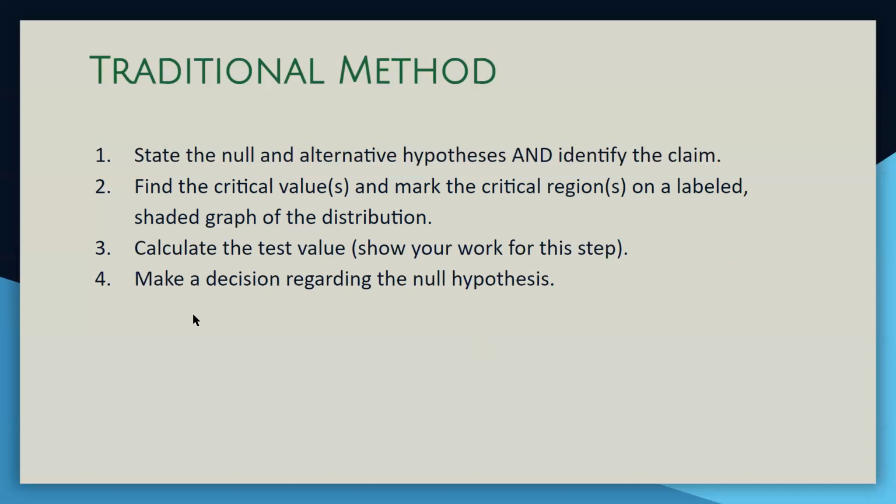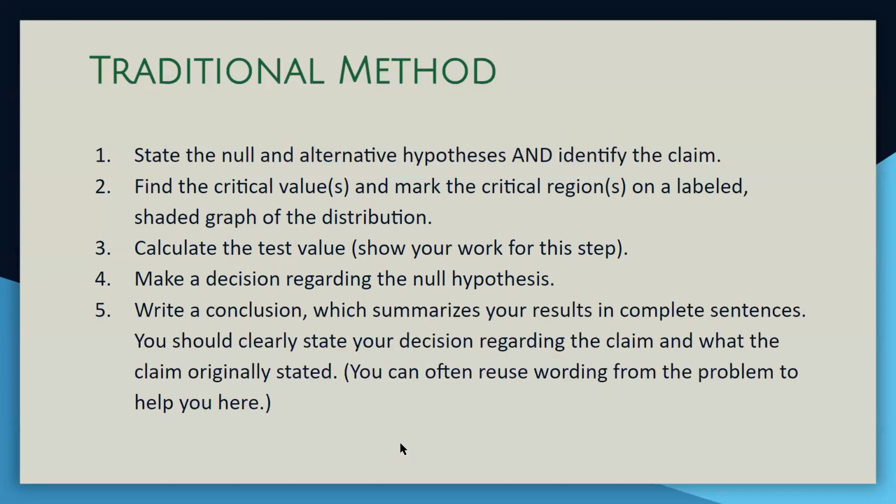Next, we're going to compare that test value to the critical values from step 2 and make a decision about whether to reject or not reject the null hypothesis. Our very last step is to take that decision and summarize it using complete sentences.